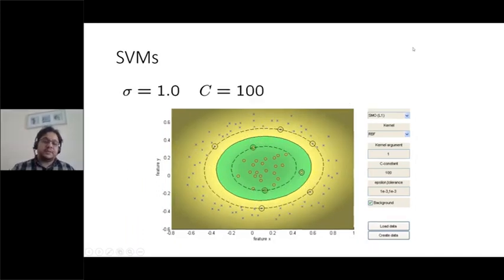Now let's change. C equals 100. It is no longer a hard margin. We didn't change the sigma. No longer a hard margin, so we tolerated 1 error. The SVM is no longer finding a hyperplane, sorry, it's not finding any line, because the kernel is taking these points to a very high dimension and finding a hyperplane.